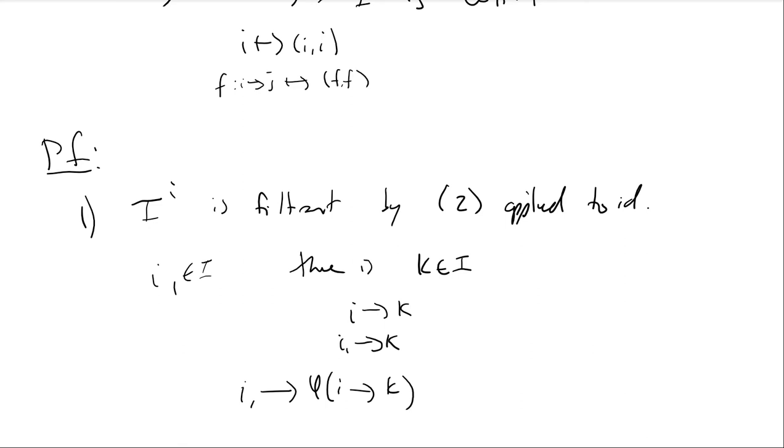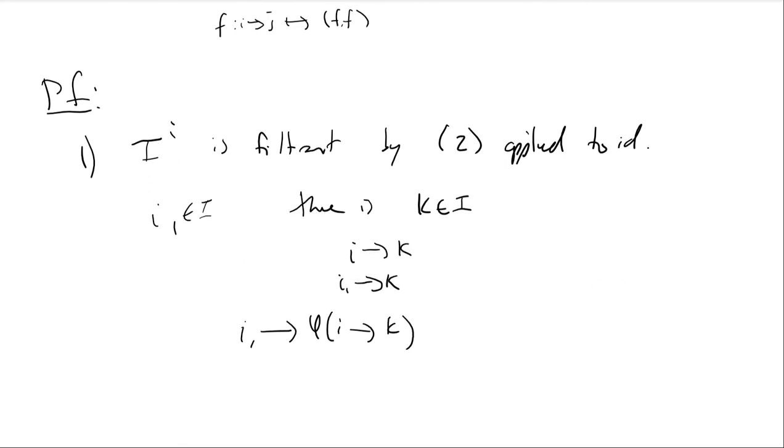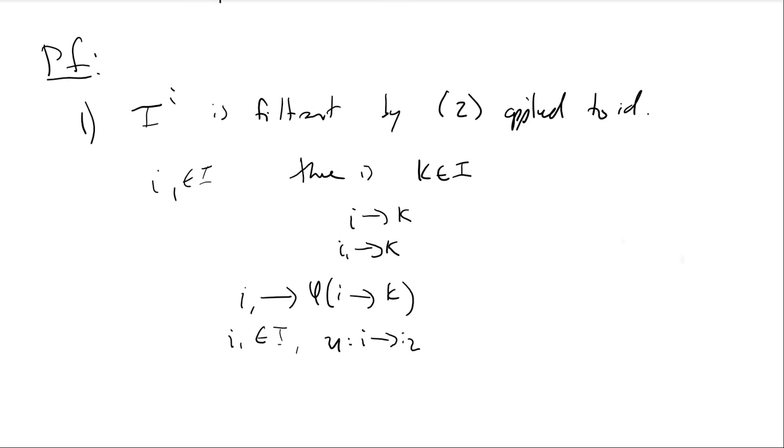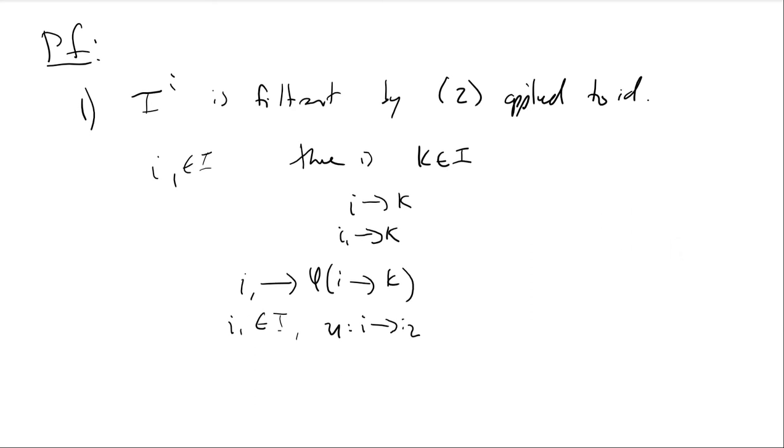Now, if I have an I1 and i and a u, where u is i to I2, then I can let s and s prime be a pair of maps which go I1 to I2. And I can take this in particular to be phi of u, i to I2.